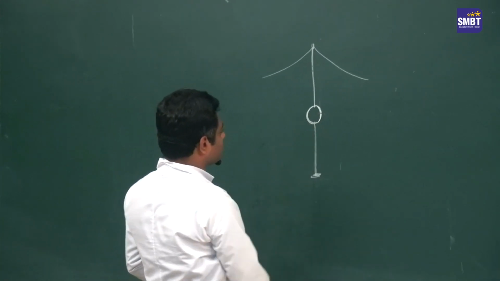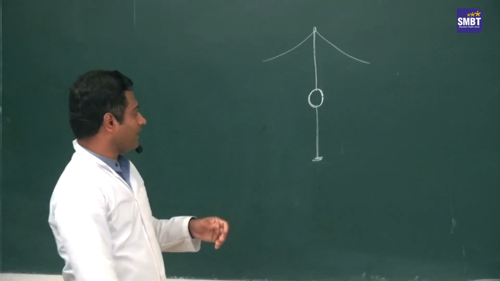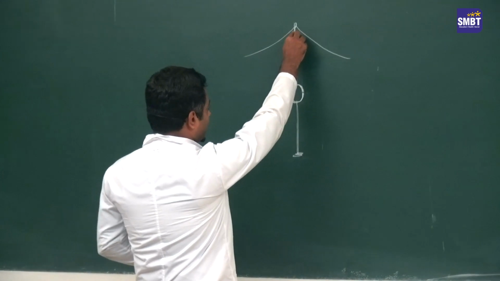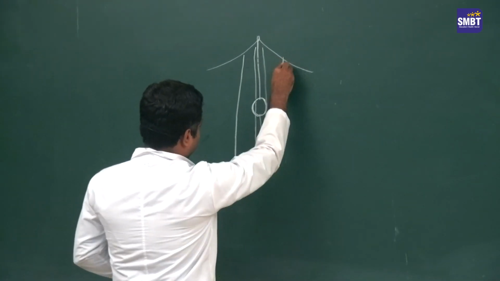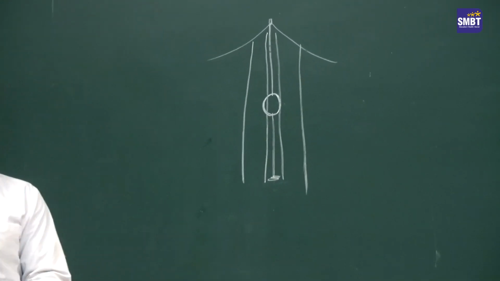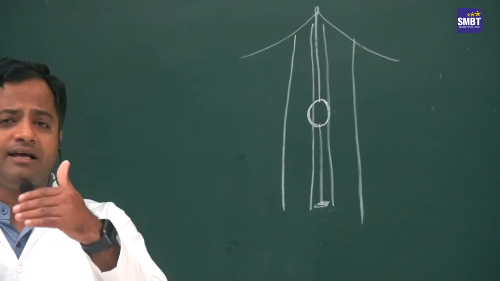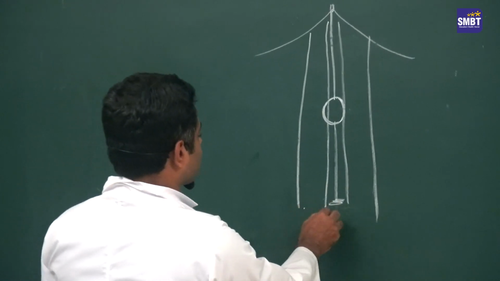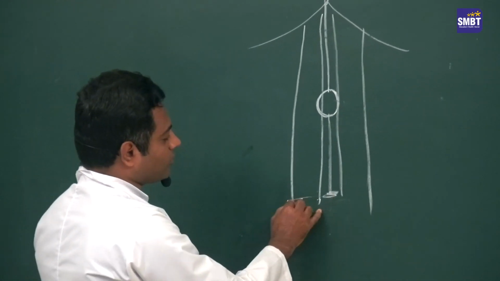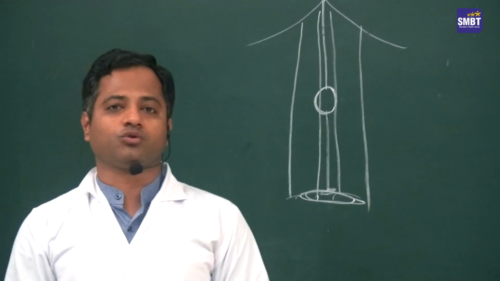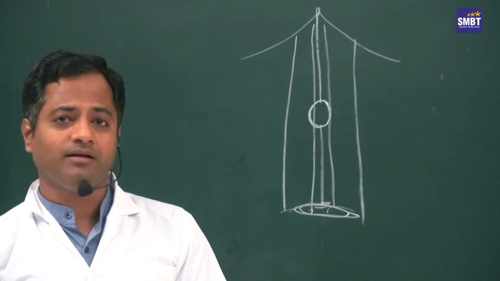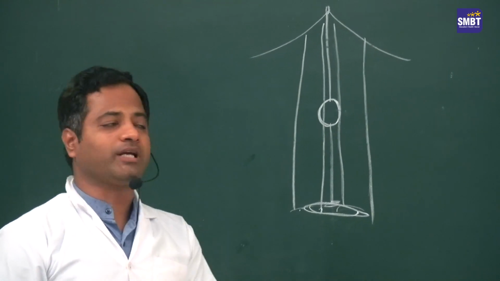There are two muscles which run parallel to the midline. These are the rectus abdominis muscles. We are seeing this anatomy from the anterior aspect. The rectus abdominis muscle originates inferiorly from the pubic symphysis and pubic crest.